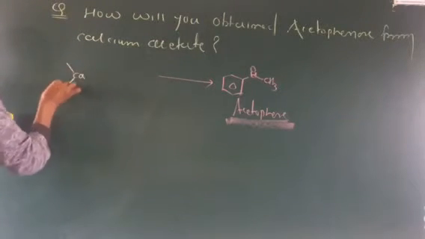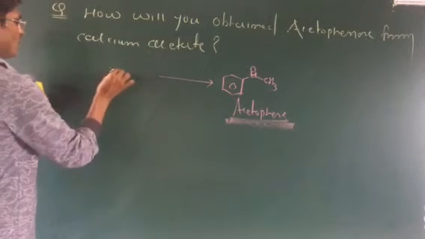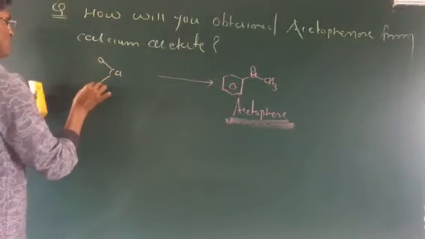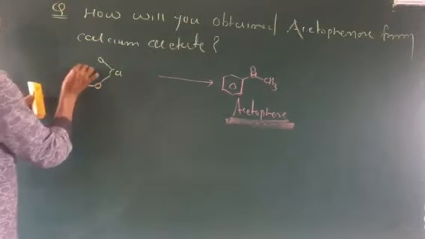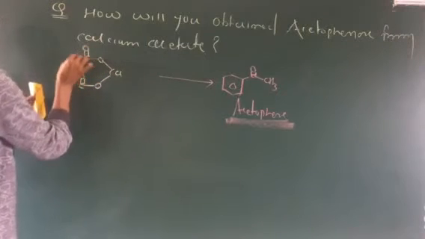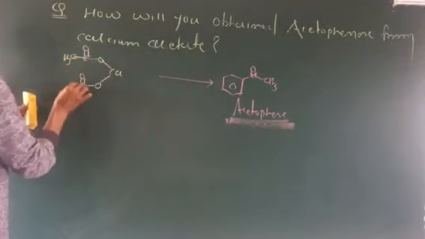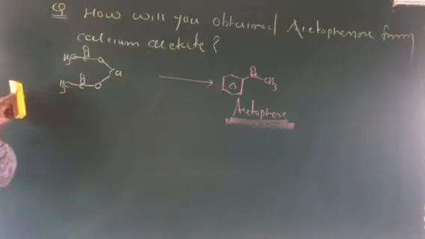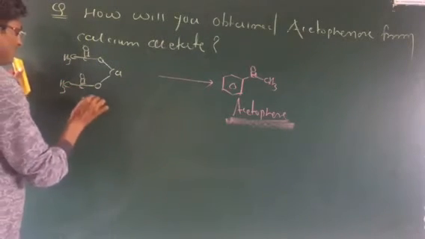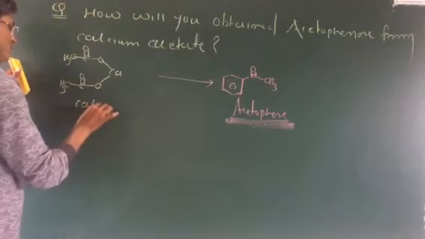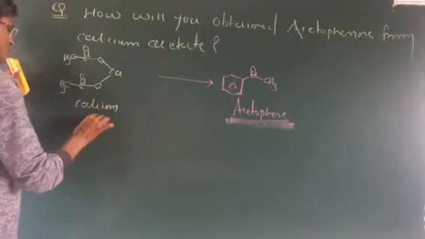Here is calcium, oxygen, then C double bond O, and this is nothing but a methyl group. So this is calcium acetate.